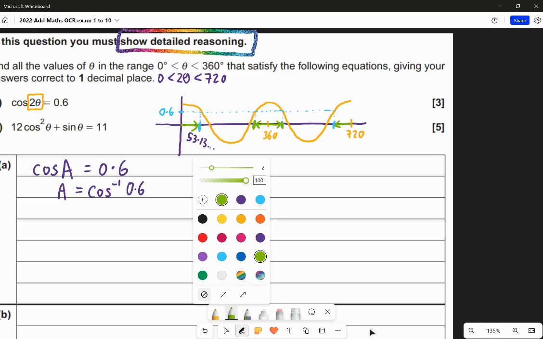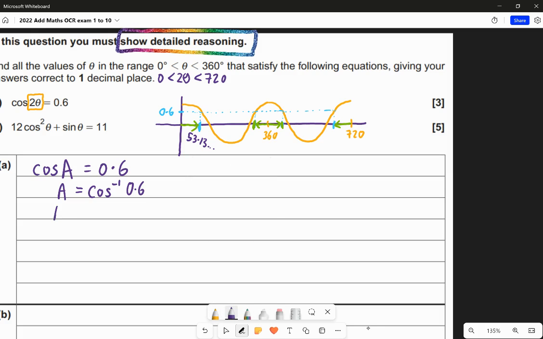So I now have that A could be 53.13... I'm not going to write a rounded version of that because I don't want a rounded version. I want what's on my calculator because I haven't found theta yet. I haven't found the final answer. I found A, which is double theta. So that's the first one, 53.13 something degrees.